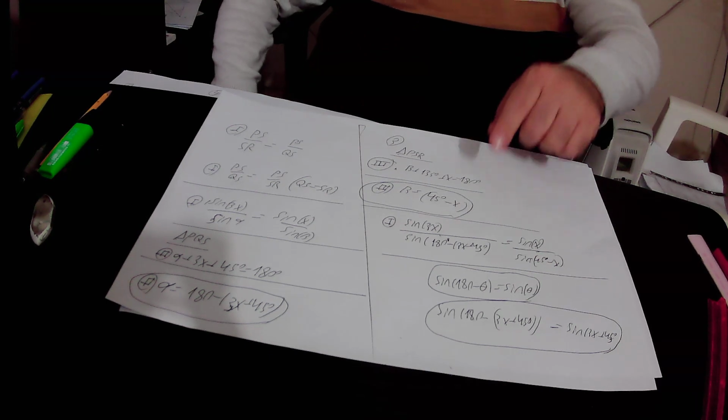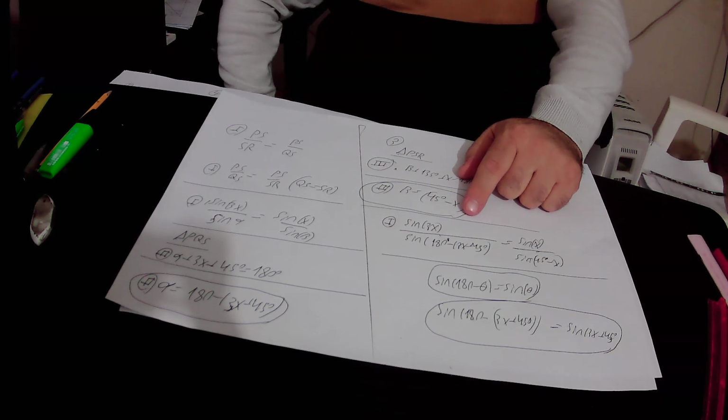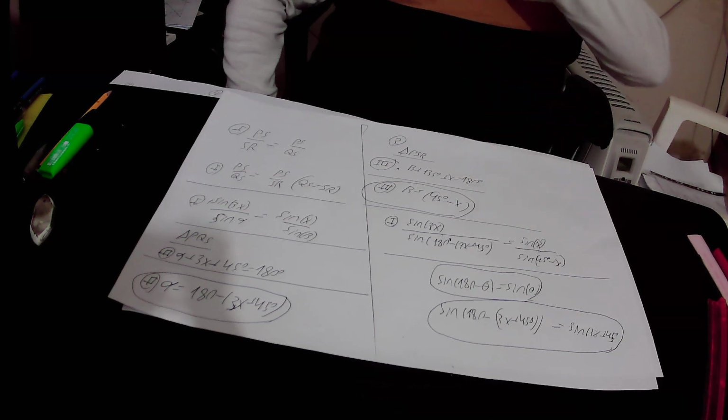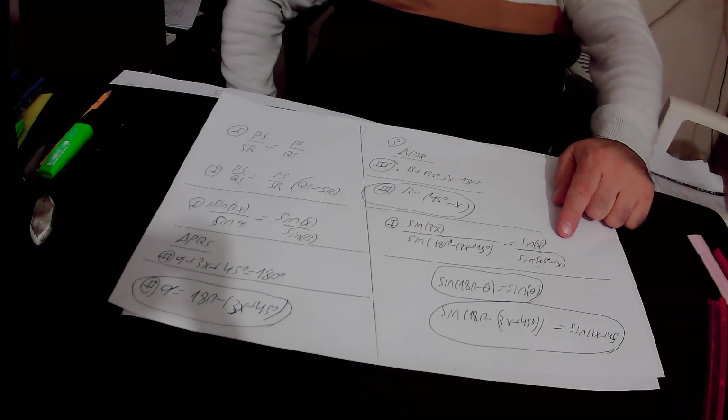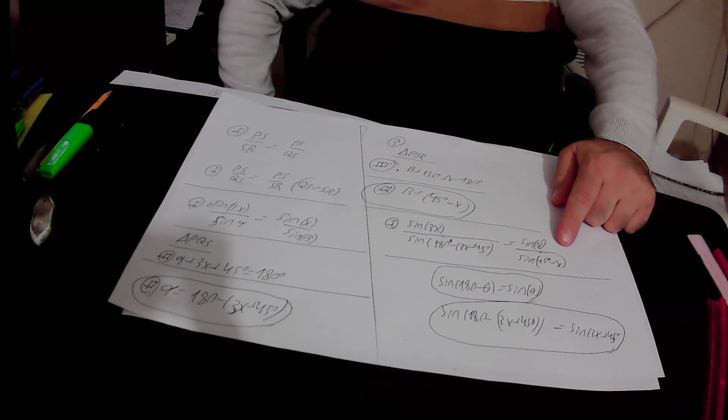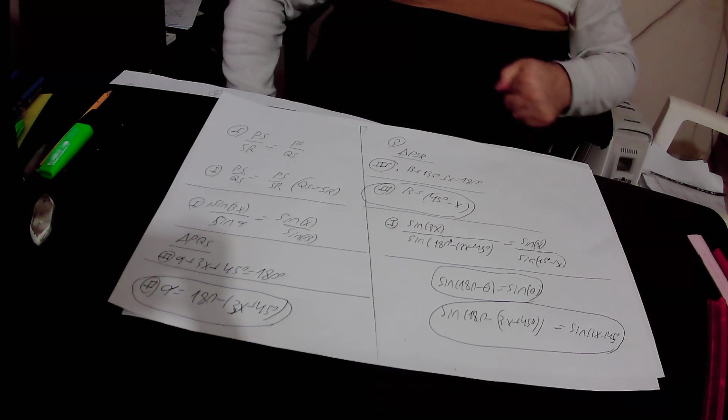We did it here, and we found that sine 3x over sine alpha, where alpha is 180 degrees minus (3x plus 45 degrees), equals sine x over sine beta, where beta is 45 degrees minus x. Okay?